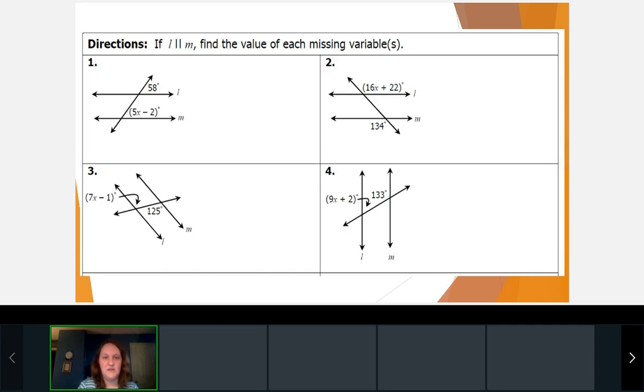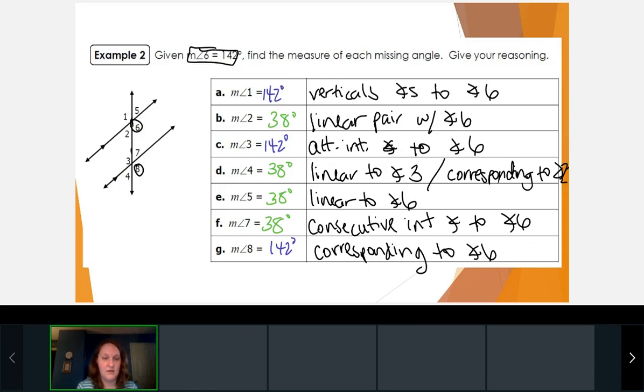One thing that you have to remember is that all of the relationships from the first page, corresponding angles are congruent, alternate interior angles are congruent, alternate exterior angles are congruent, consecutive interior angles are supplementary, all of those relationships only work when the lines are parallel. Now, vertical angles and linear pair can work no matter what, but those 4 from the beginning, where'd they go?